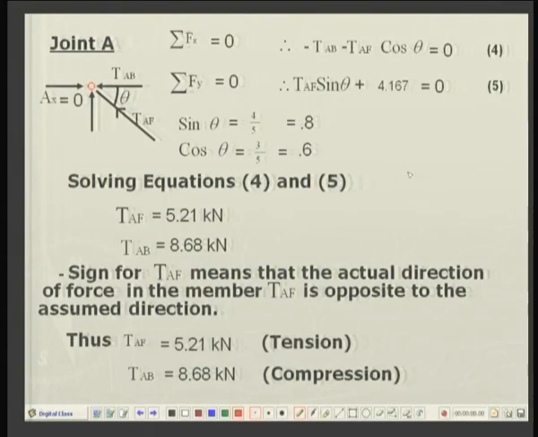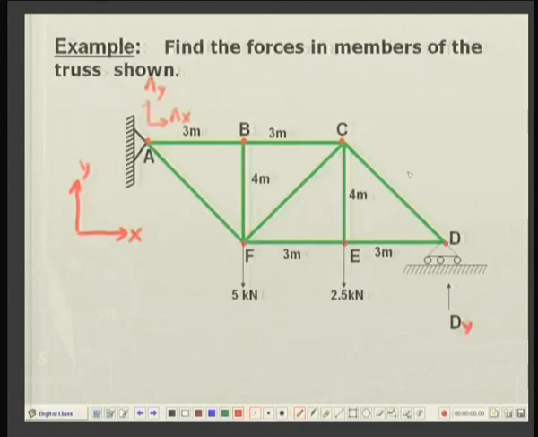Next, we start with joints. Always start with a joint where there are only two unknown forces, because only two equations are available. So, if I look at the truss once again, joint A has two members. So, it means there are two unknown forces.